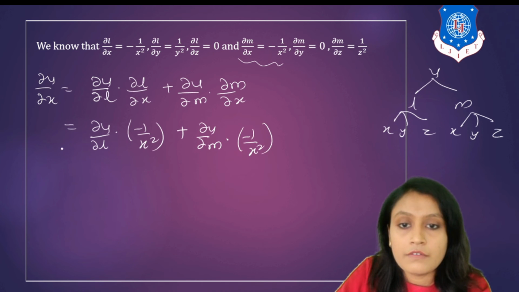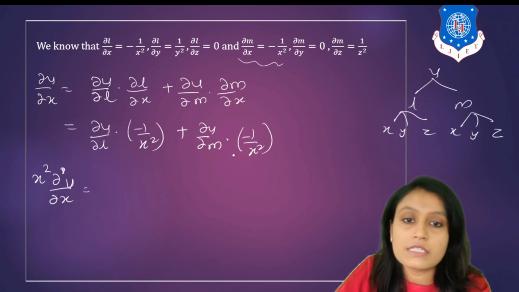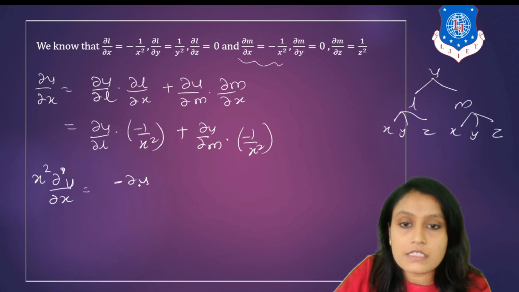Now what we want is the term x² del u by del x, which means we have to multiply by x², so this x² will get cancelled. So what remains is minus del u by del L minus del u by del M.